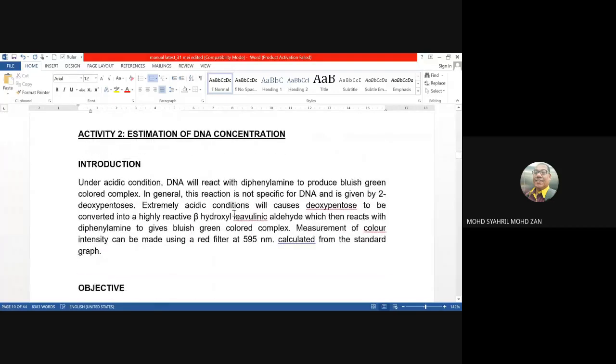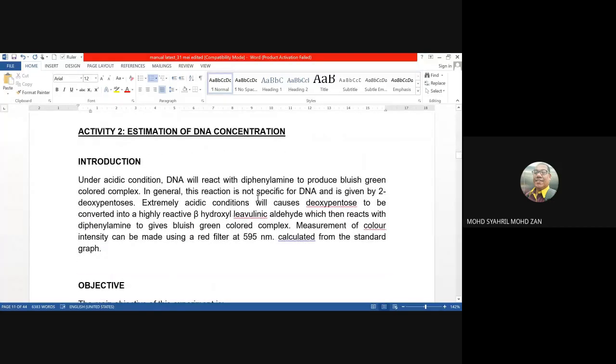So and then we go for the estimation of the DNA concentration. So how do you know how much DNA you get from the experiment or activity 1? Okay, so we're using what we call an acidic condition. DNA will react with diphenylamine to produce a bluish green color complex. Okay, so what's the meaning of this?